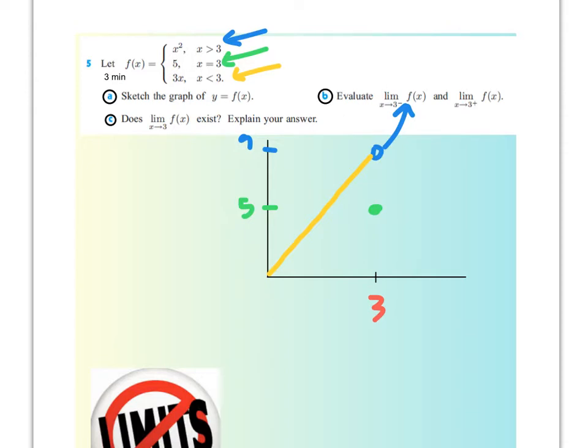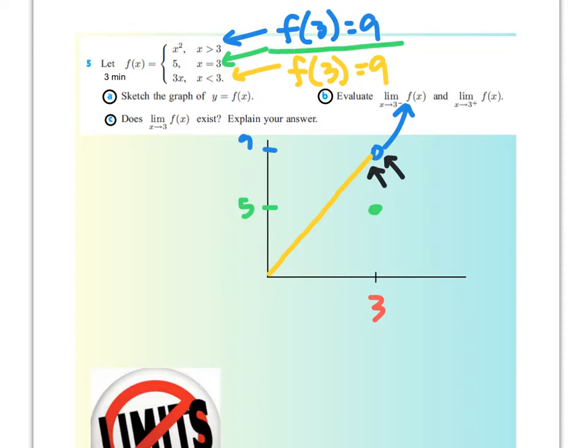Right? How do I know that these two are going to agree? Well, I know that f of 3 for this is 9. I know that f of 3 for this is also going to be 9. But then what do I do here? Like, there's a gap. Doesn't matter.